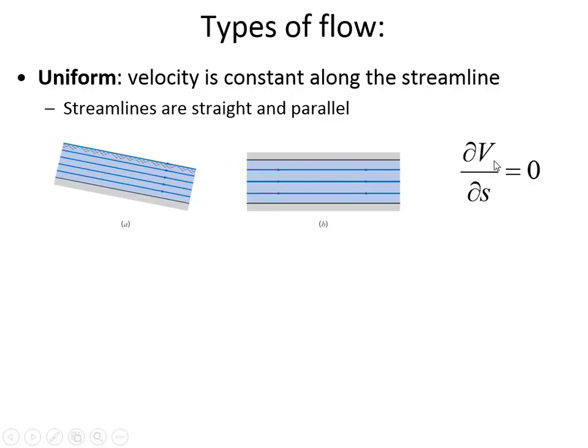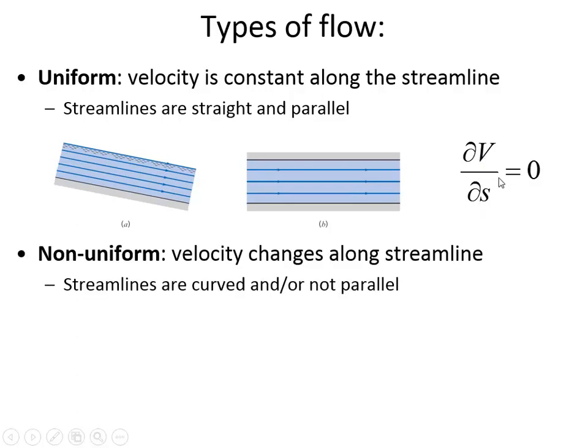So you can see dv/ds. S is meant to mean the position in some direction. So the change in velocity with respect to position is 0 in the case of uniform flow. If the flow is non-uniform, that means the velocity is changing with respect to position.